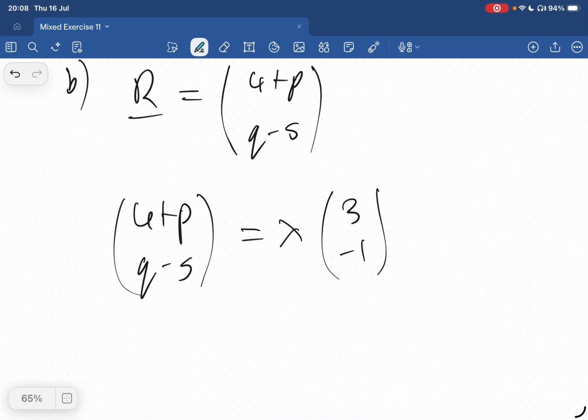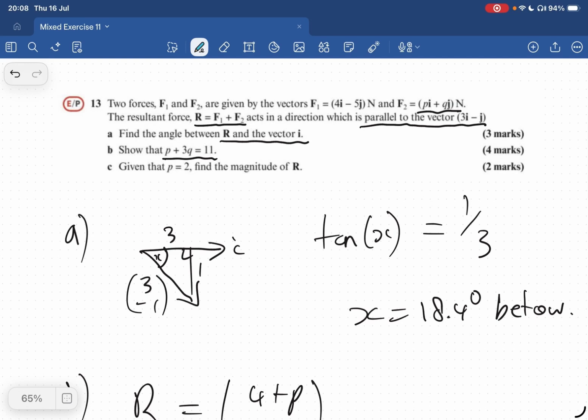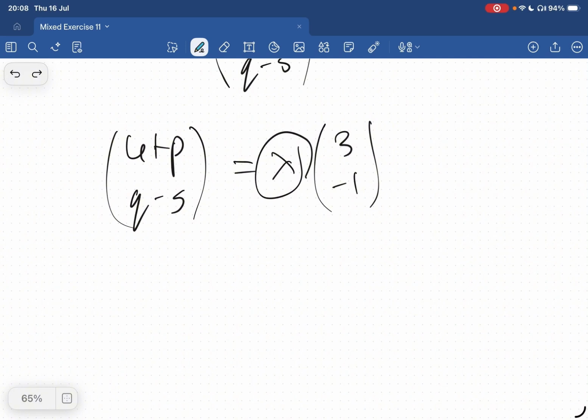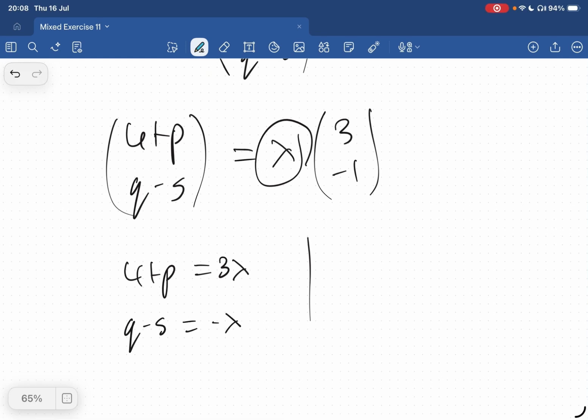Now we need to cancel out lambda, and I'd bet a lot of money that this is going to come out at this. So let's try that out. 4 plus P equals 3 lambda. That's the top equation. And then Q take away 5 equals negative lambda. That's the bottom equation.